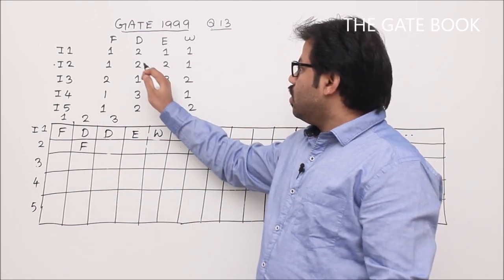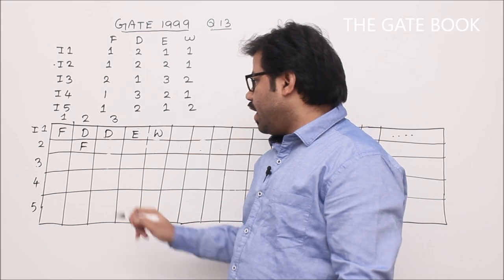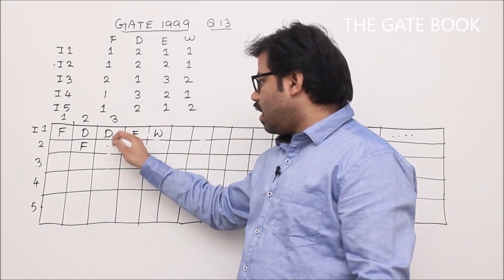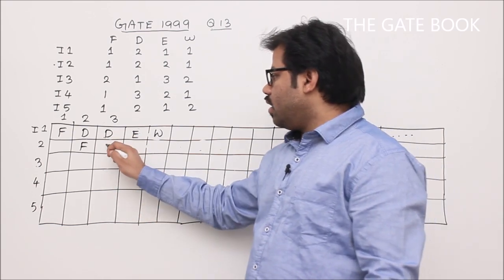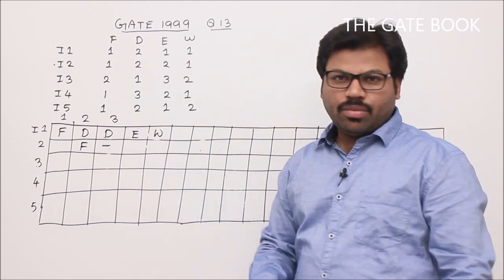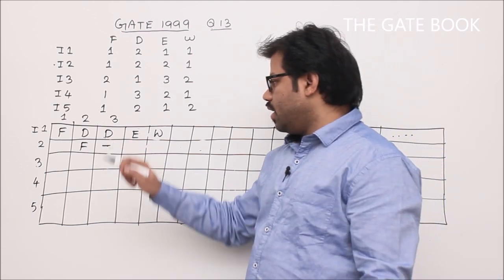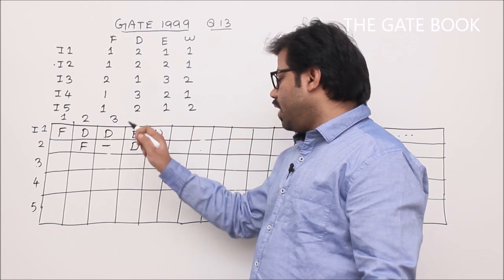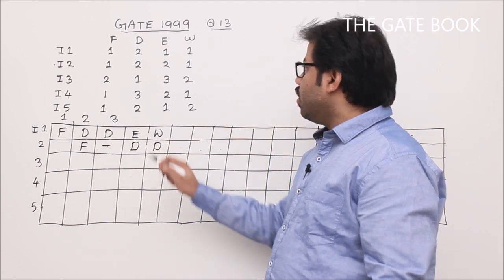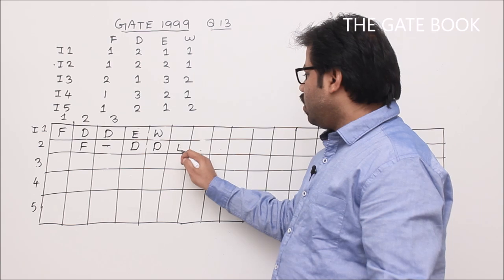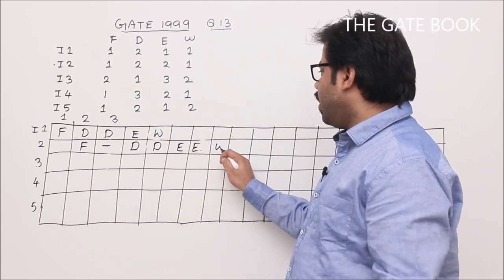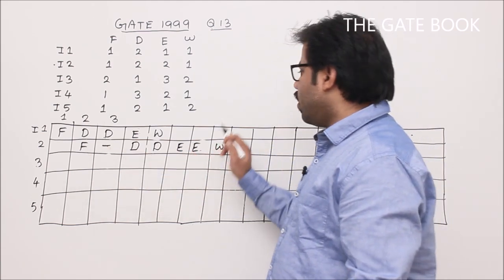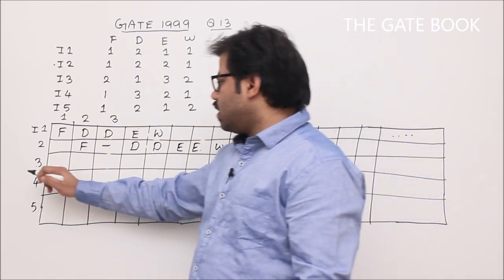Since it takes 2 clock cycles for decoding, we can't allow decoding here because the decoding circuit is already busy. So let us put a dummy operation, that means no operation here. Then here the second instruction will be decoded, then after that execution for 2 clock cycles, write back, right? 1, 2, 2, 1. Now after that the third instruction comes.